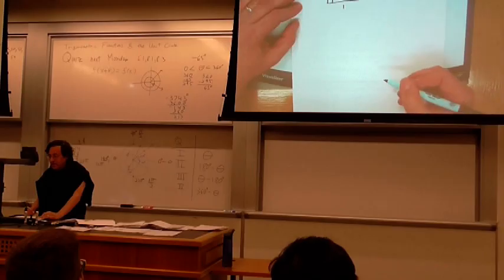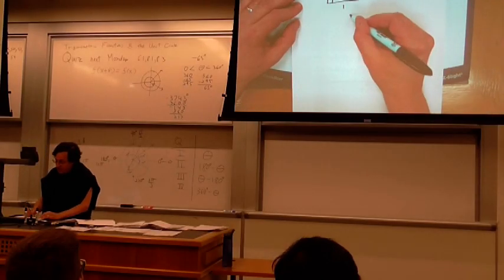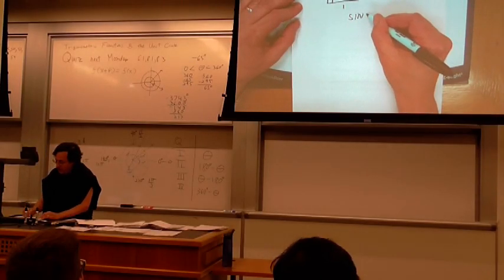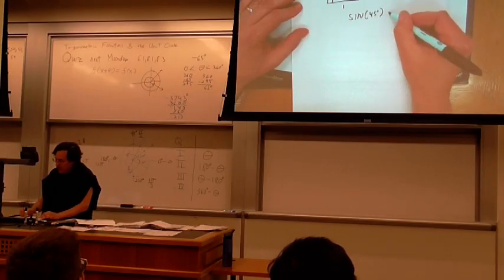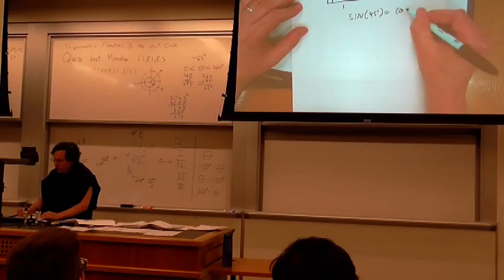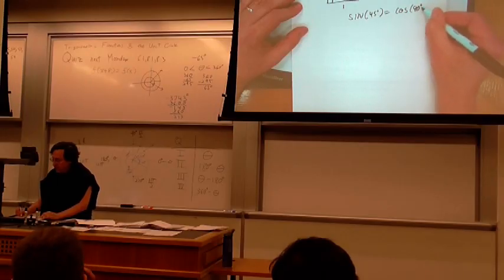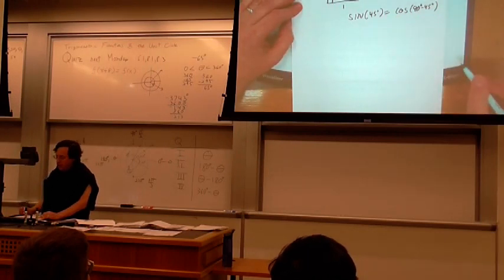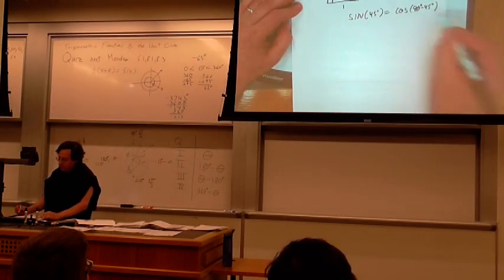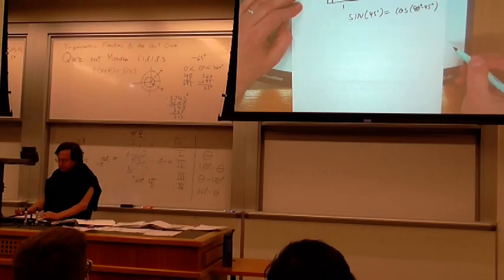That identity actually comes in kind of neat here. Because if you ask, what's the sine of 45 degrees, it has to equal the cosine of 90 minus 45 degrees, so they have to be equal. It has to be the cosine of 45 degrees.